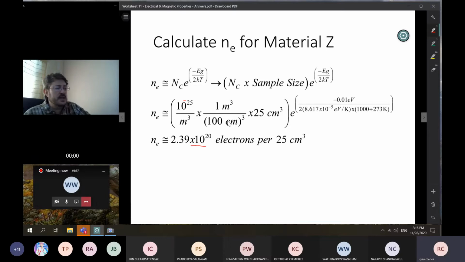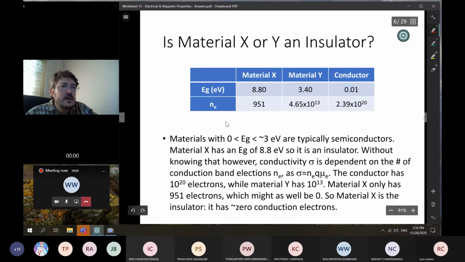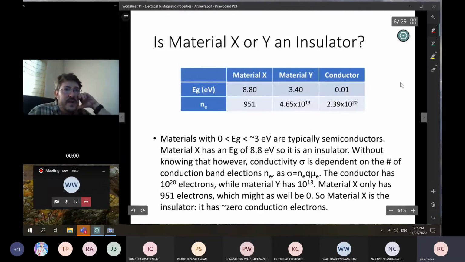Don't know why, but then you got really, really tiny numbers, like 10 to the minus 43 or something. All right, so filled in here: 951, 4.65 times 10 to the 13, 2.39 times 10 to the 20th. So very different numbers here.